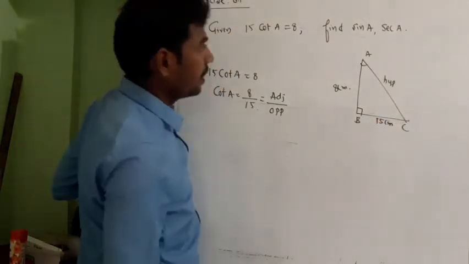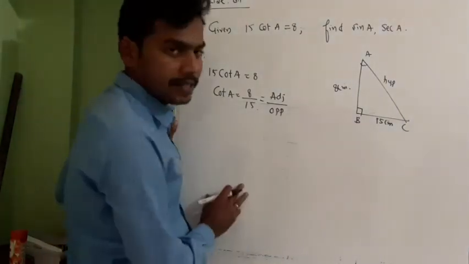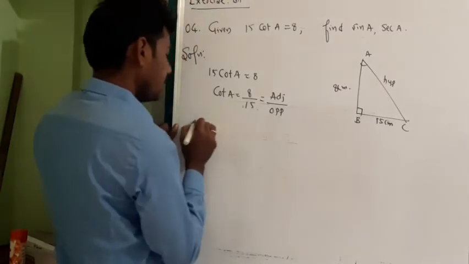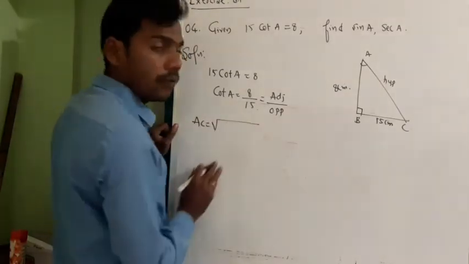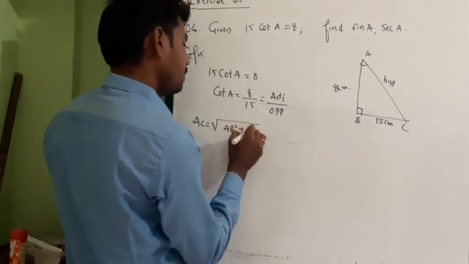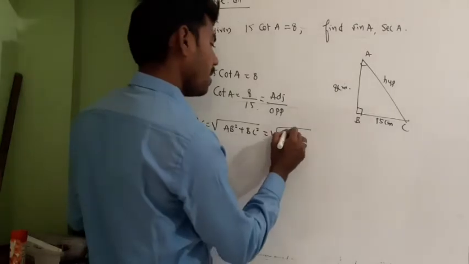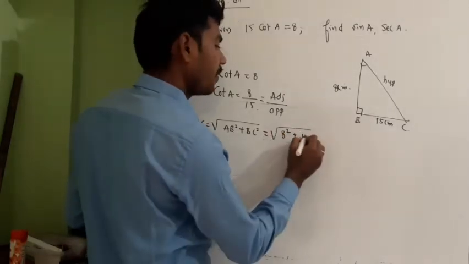Now, what we need to calculate? Sin A. So before we find sin A, we need hypotenuse. That is, AC is equal to square root of AB square plus BC square. What is AB? AB is nothing but 8 square plus BC is nothing but 15 square.